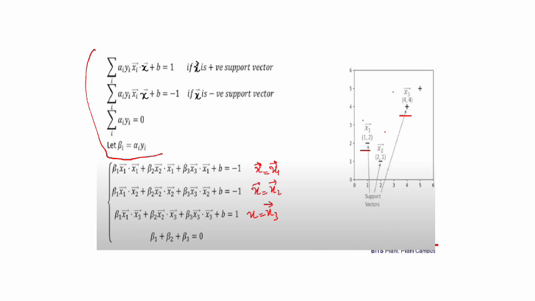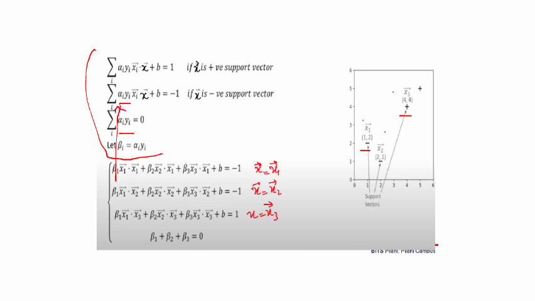Now it's given as an assumption that bi is equal to alpha i yi, which means the summation of bi is equal to 0, right? So we replace alpha i yi with bi, or b1, b2, b3 in this case, right?